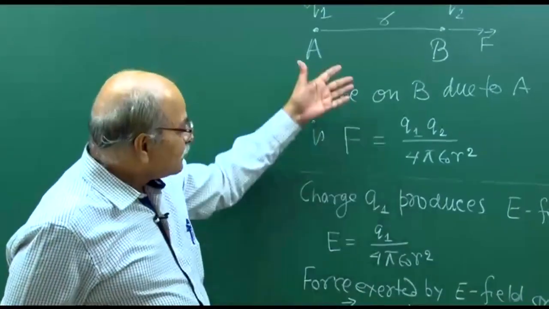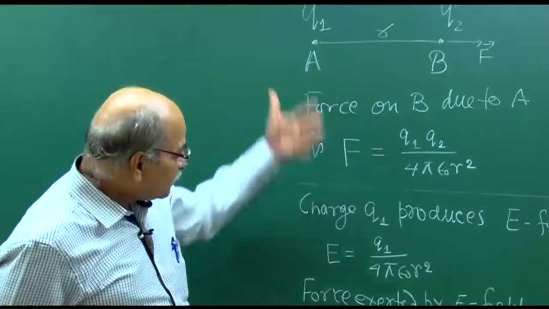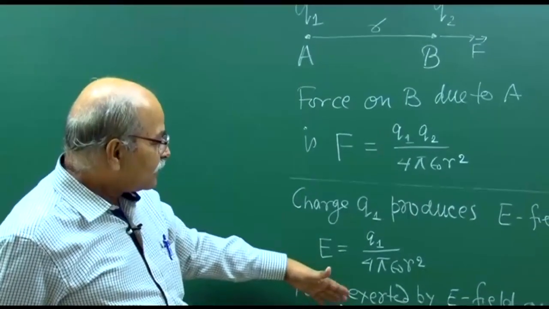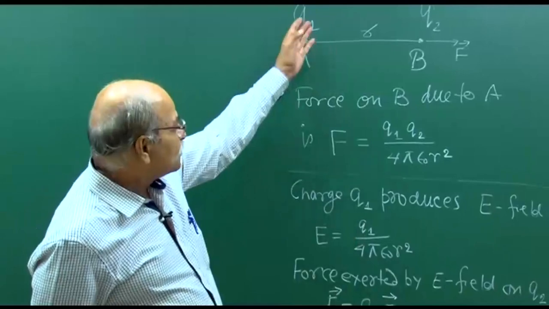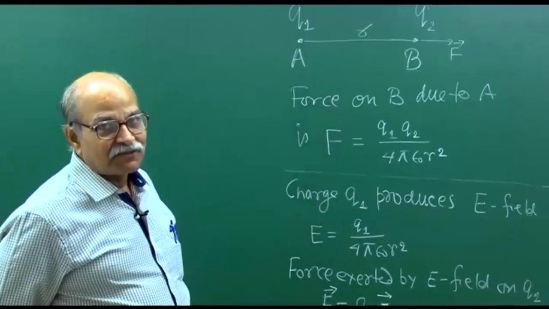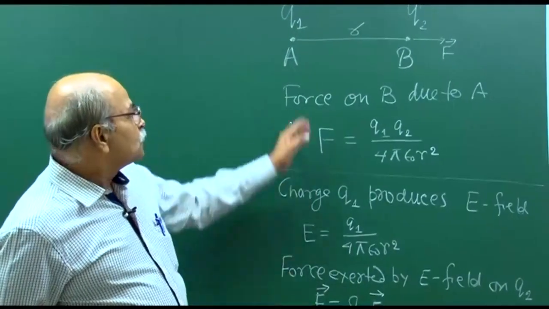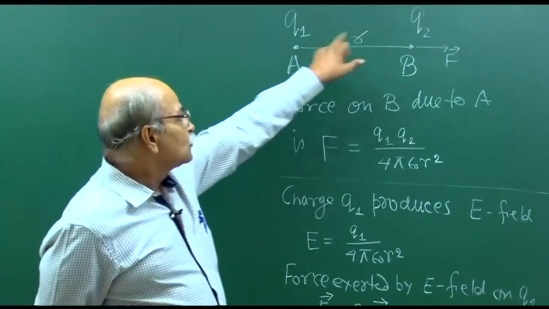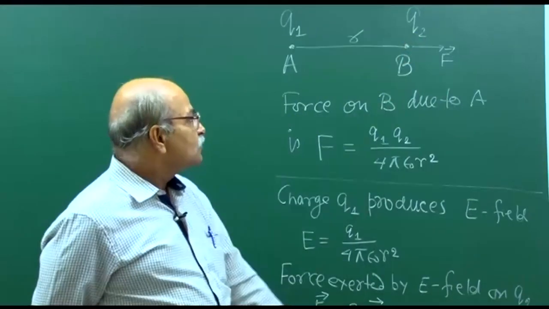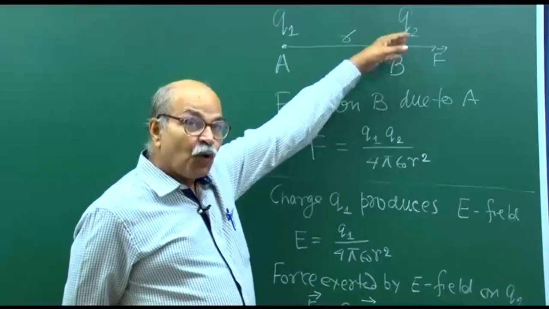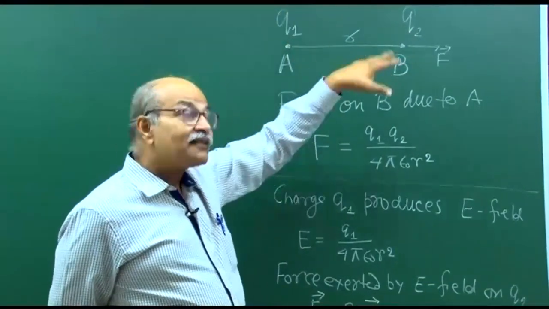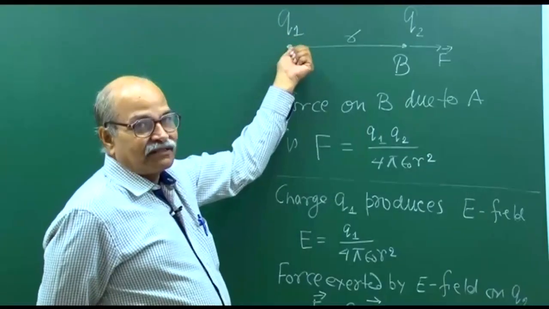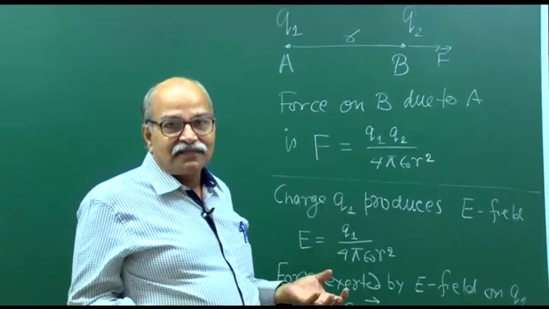So, that connection of force with electric field and the connection of electric field with the source charge must be well understood. If you want to know the force on this Q1 due to this Q2, the same procedure: Q2 produces its own field, and in that field Q1 finds that the field is exerting force.